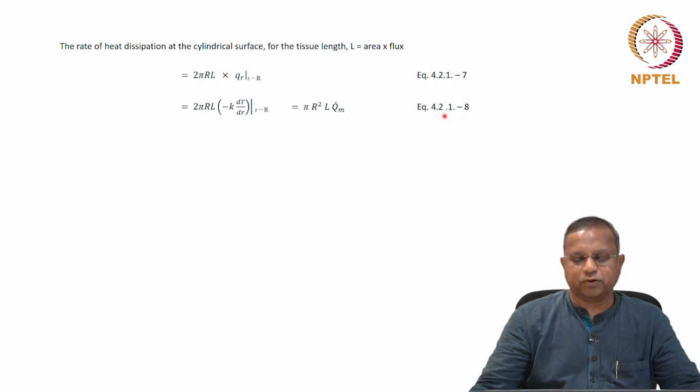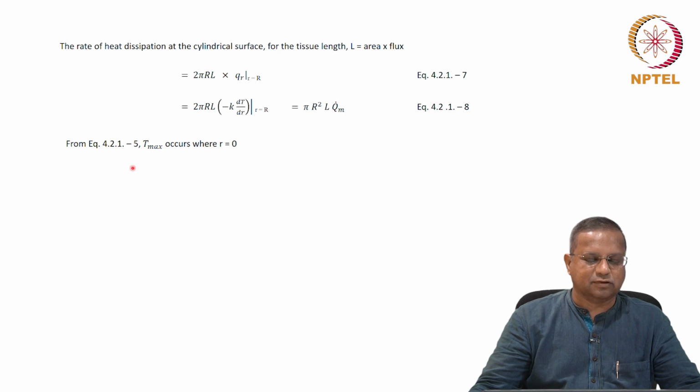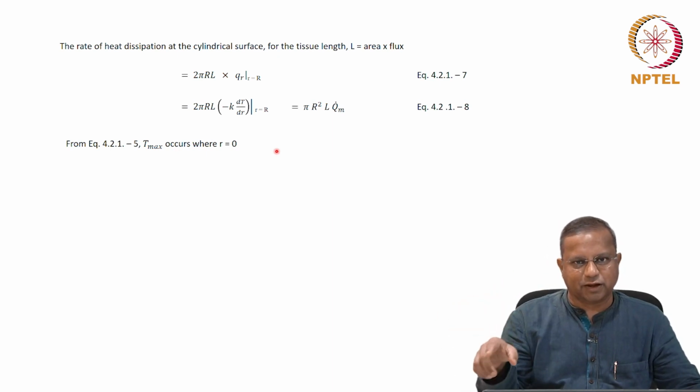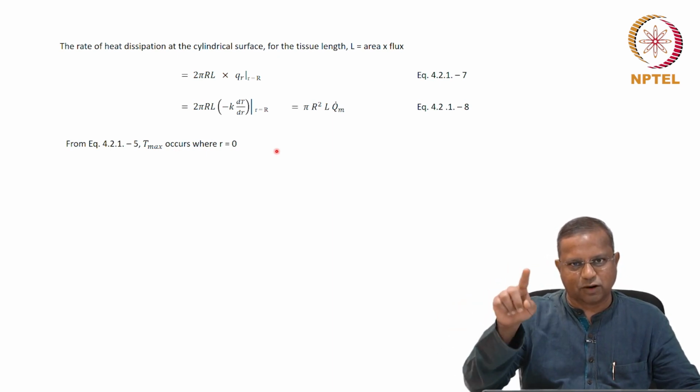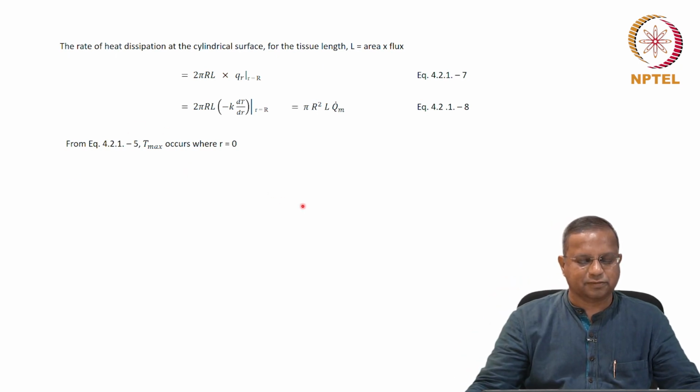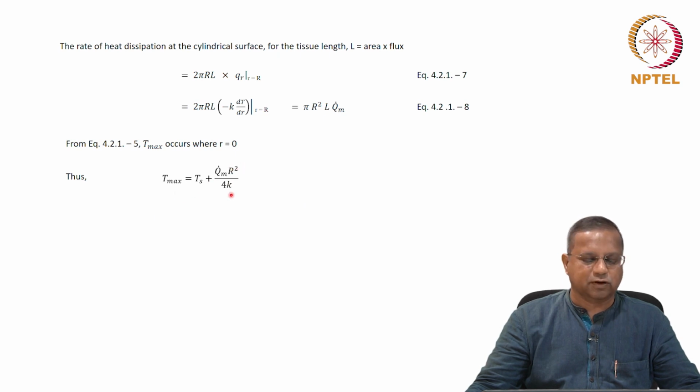So that is equation 4.2.1-8. Please try this out and see how this works out. And of course, it's quite easy to see that Tmax occurs where r equals 0, the center line, since 1 minus (r/R) squared is maximum only when small r is 0. Therefore, Tmax is Ts plus qm dot R squared by 4k.